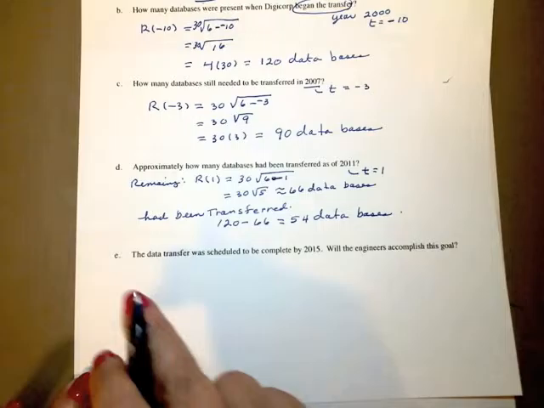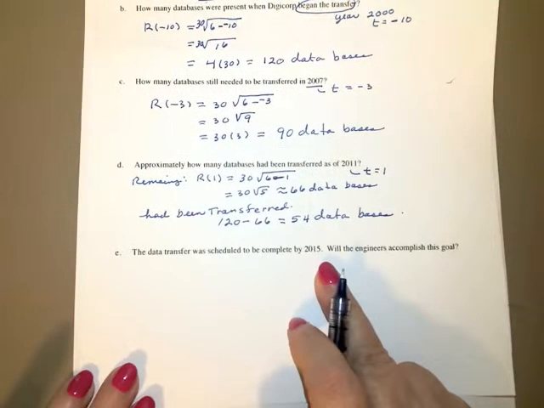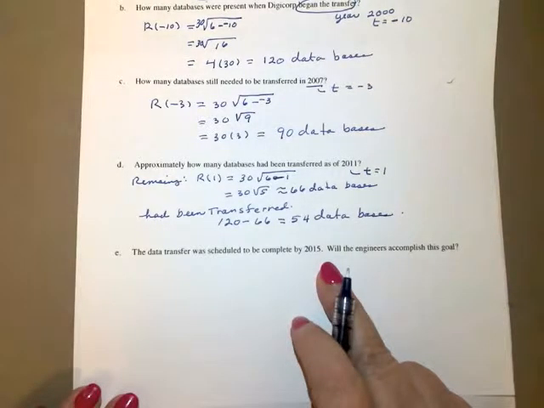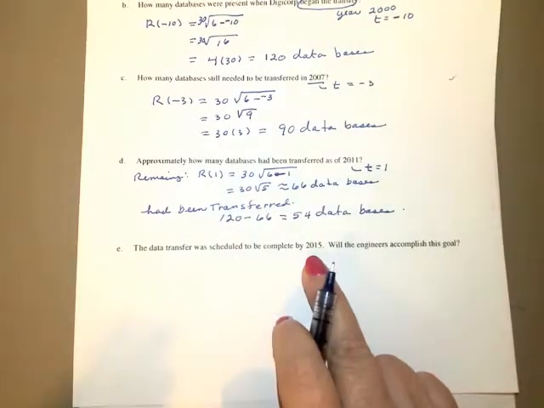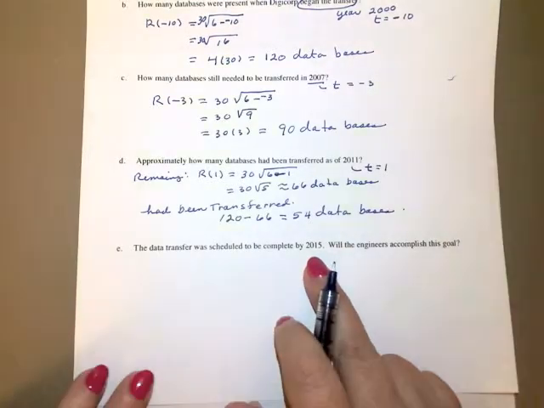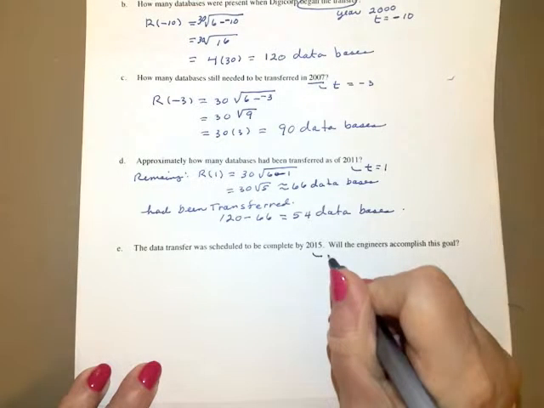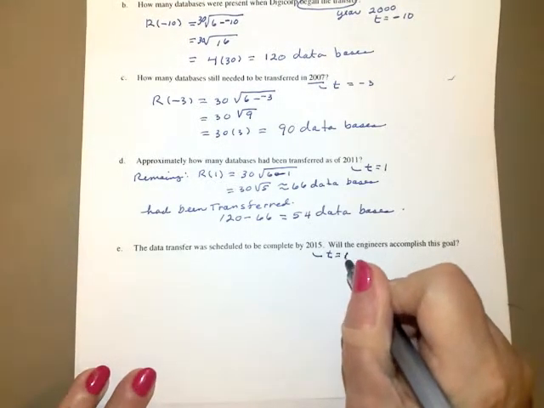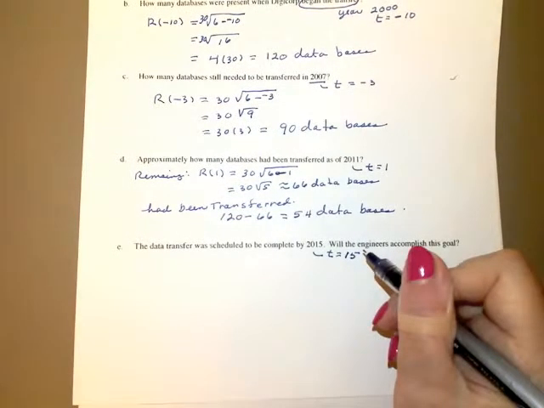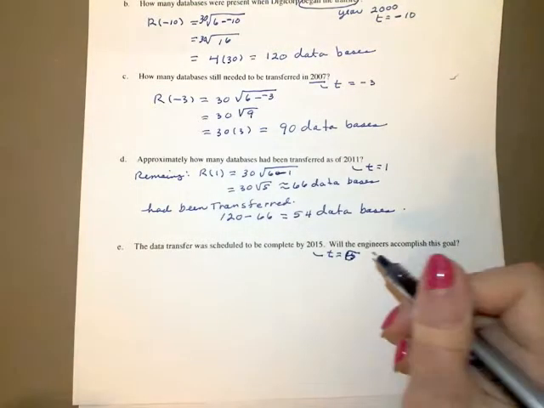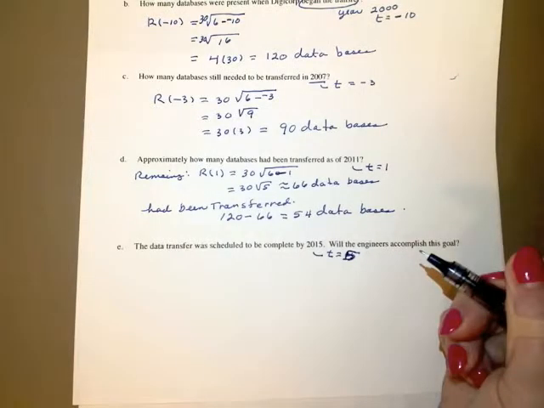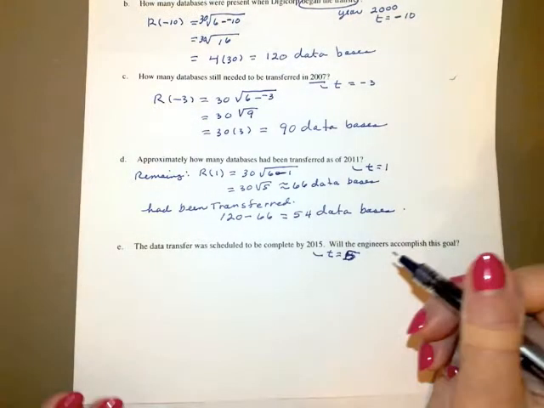It says the data transfer was scheduled to be completed by 2015. Will they accomplish their goals? Well, that says that if I calculate out how many databases still need to be transferred in 2015, it should be 0 if it's complete. 2015 gives me a t-value of 5, because it is 5 years after 2010.